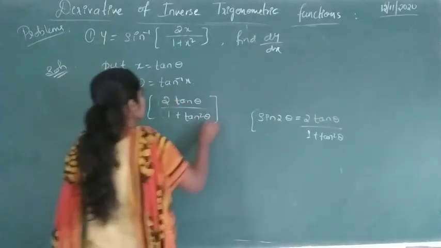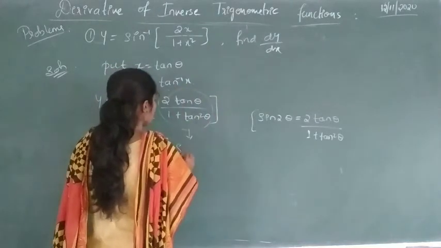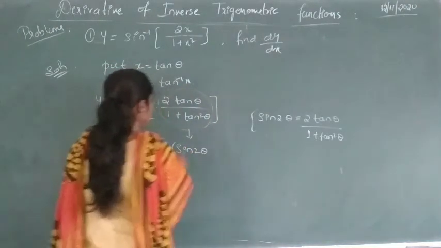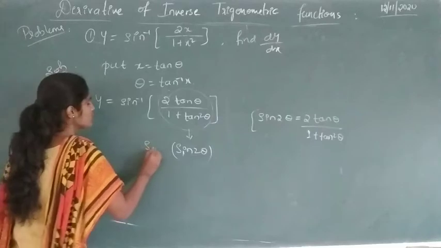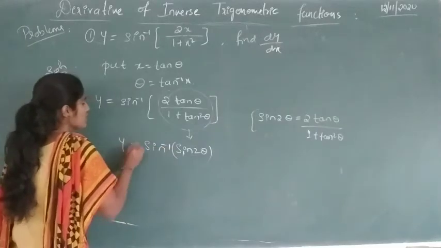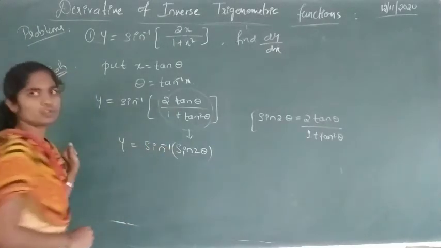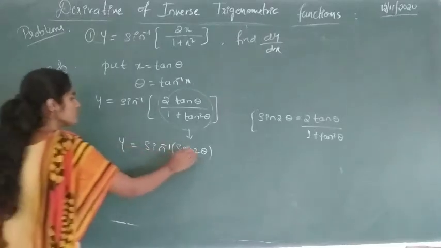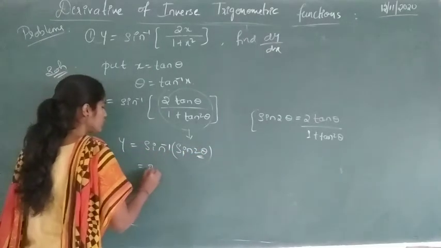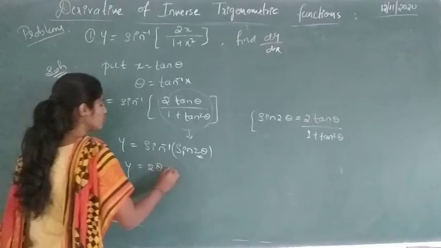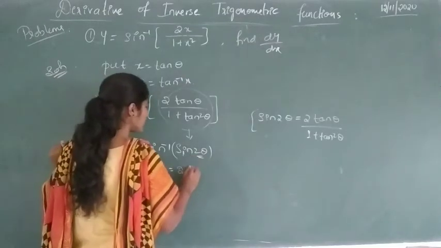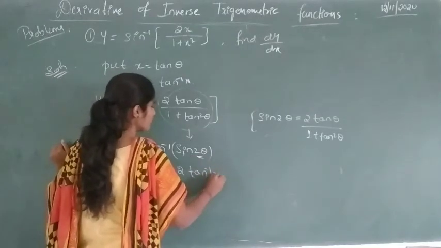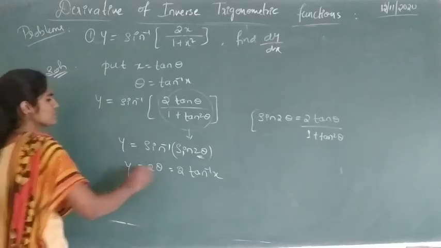See, how can we write this? sin 2 theta. Okay, so y becomes sin inverse of sin 2 theta. Now sin inverse of sin 2 theta is nothing but 2 theta. See, y is equal to 2 theta, so 2 into theta, that is tan inverse x. So y is equal to 2 tan inverse x.